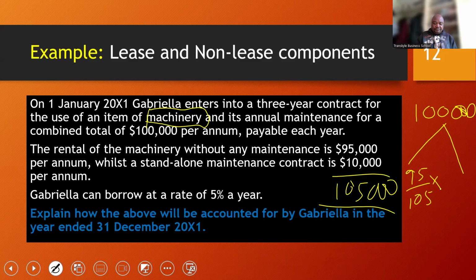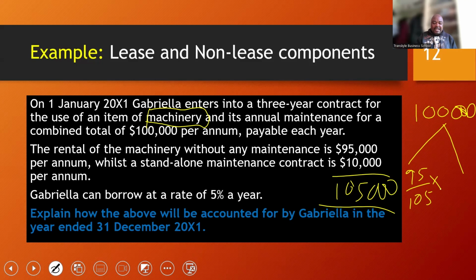So that's 95 over 105, which comes to 90.47%, multiplied by 100,000.